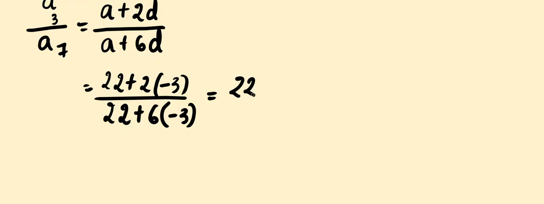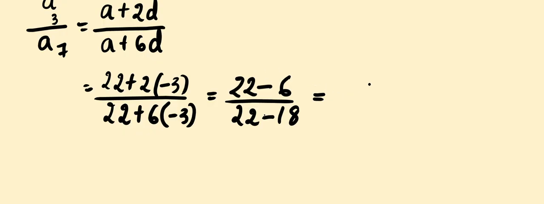Simplify. 22 plus, into minus, when multiplied it will become minus. 3 twos are 6, divided by 22 plus into minus, that is minus. 6 threes are 18. 22 minus 6 means how much? 16, divided by 22 minus 18.